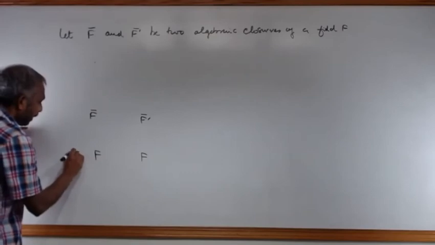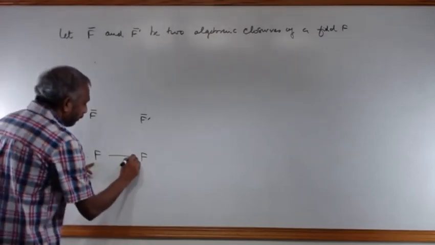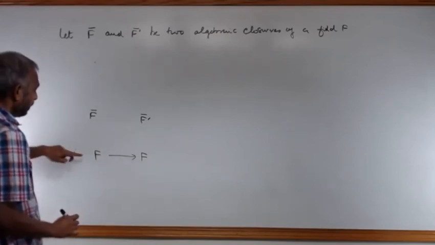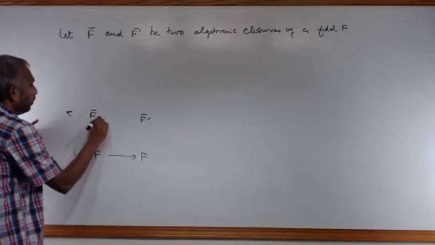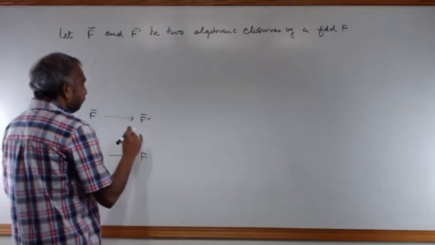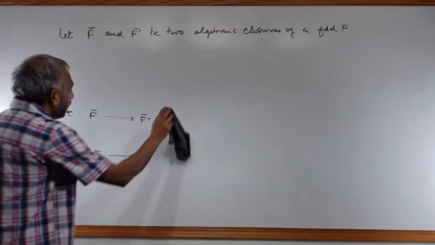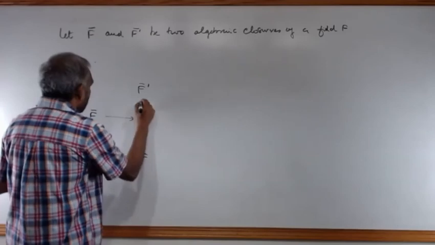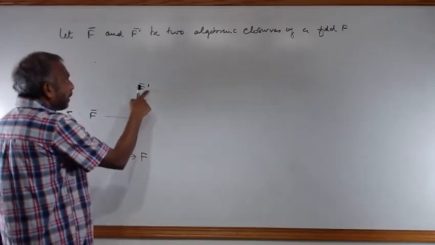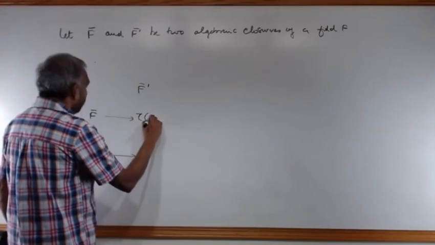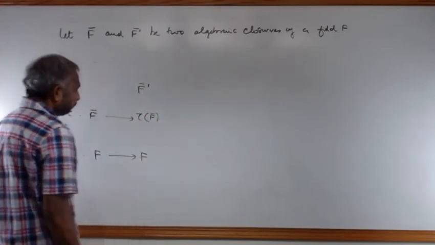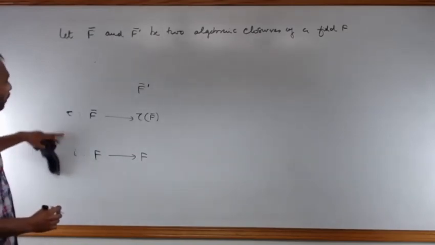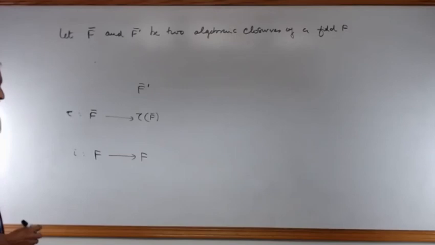There is an identity map from F to F, and this is an algebraic closure of F. So we can extend this identity to a tau to a subfield of F prime closure, and that is tau of F closure, using the isomorphism extension theorem.